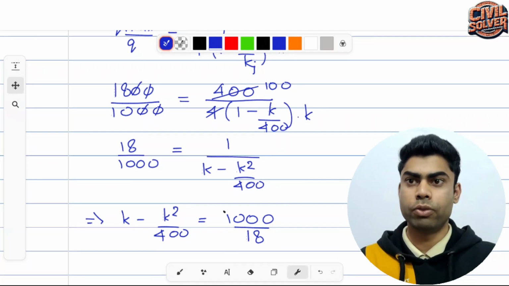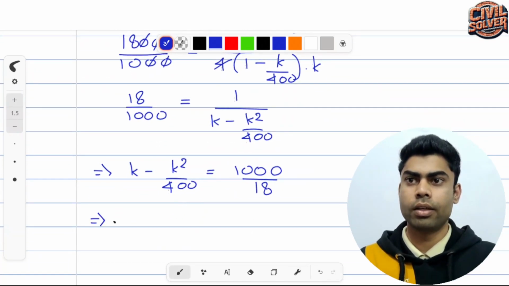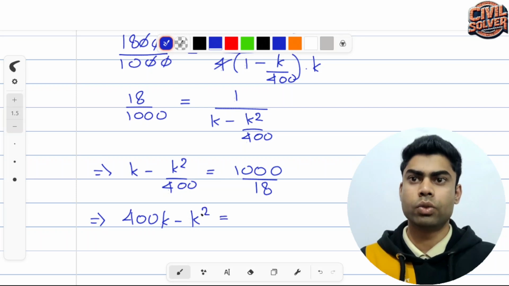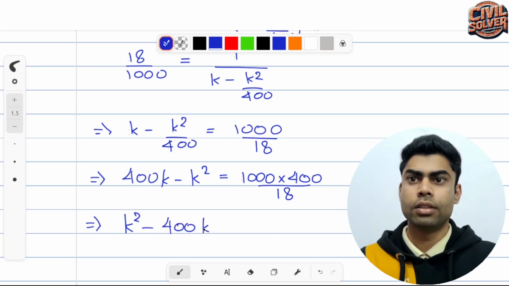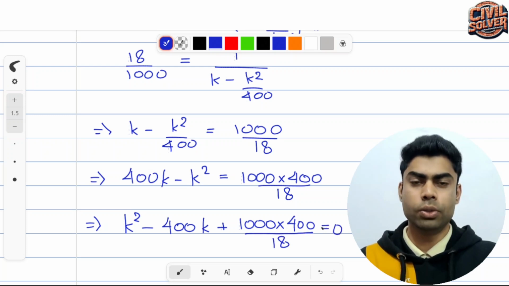Multiply both sides by 400, we will get 400 K minus K square is equal to 1000 into 400 by 18. Rearrange this equation, we will get our final quadratic equation, K square minus 400 K plus 1000 into 400 upon 18 is equal to 0.